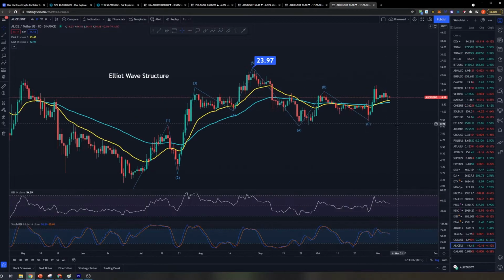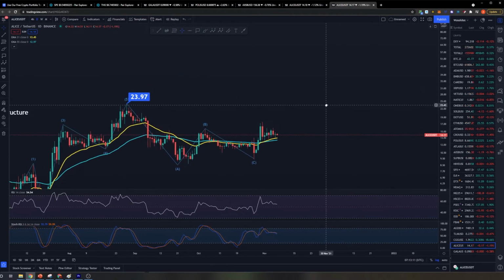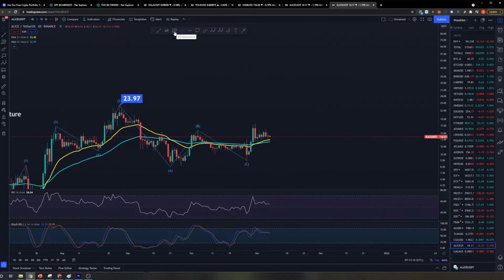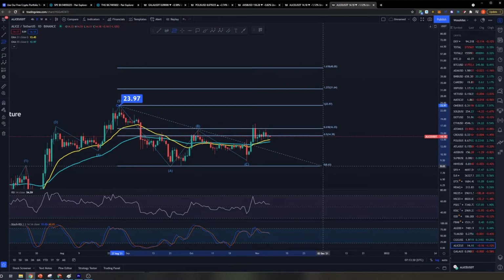So typically, when we're trying to predict the future, which of course is impossible, but at least we can try to map out certain scenarios. Laying the Fibonacci retracement is really helpful because what you can do is you can target the recent high, so the wave 5 high versus the low of the correction, which is around here. You lay out your fibs so you can see where the price would go.